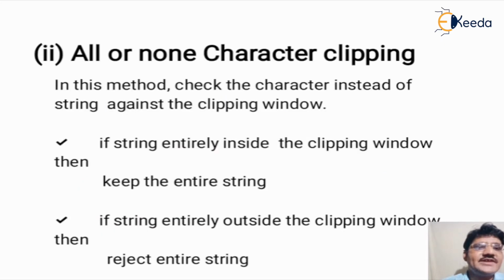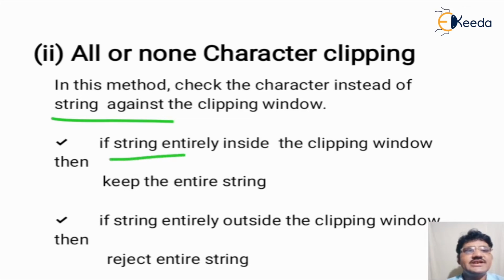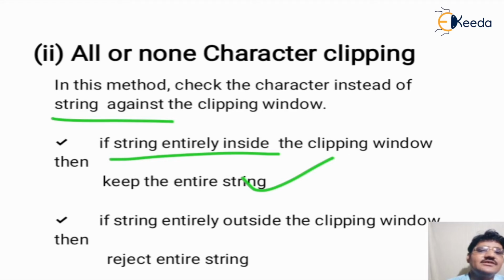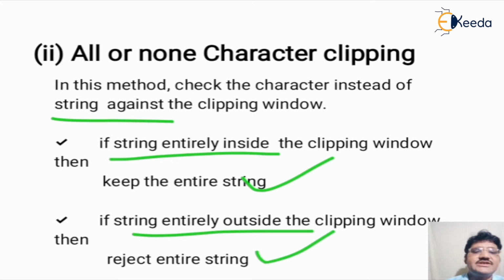In the second method, when we are considering characters, we check the character instead of the string against the clipping window. In this approach, if the string is entirely inside, we simply save the entire string, that is, the string will be displayed or visible. If the string is entirely outside, the entire string will be rejected, not visible.